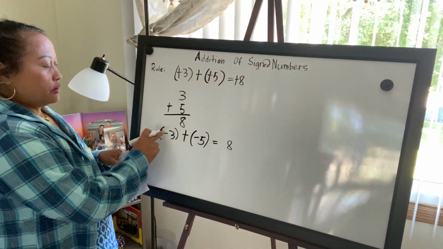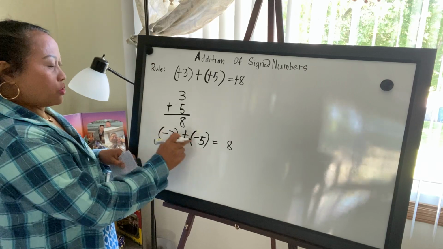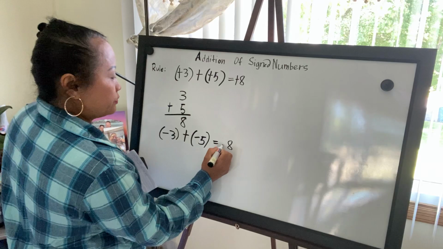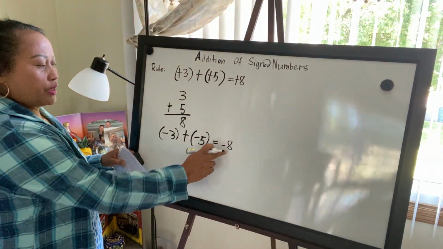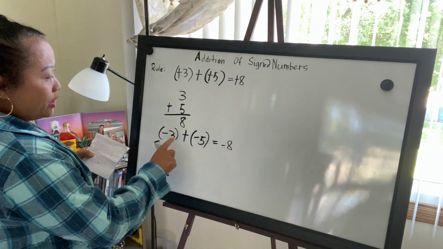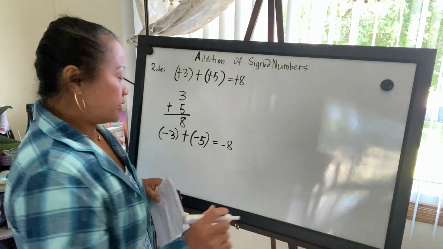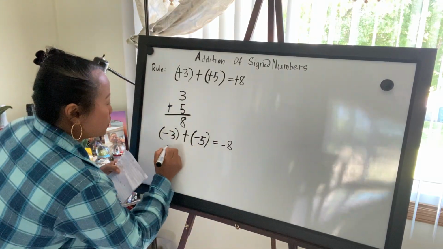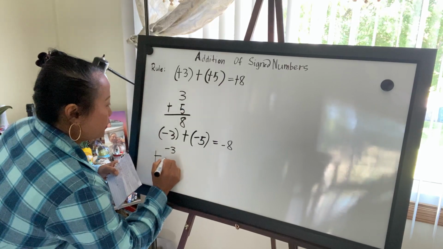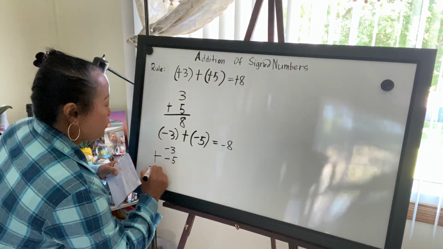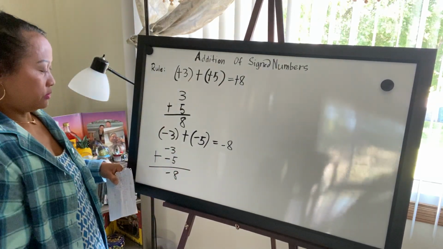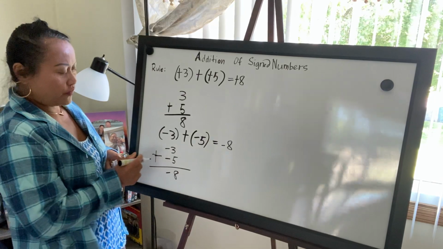And bring down the common sign, which is negative. So the answer is negative 8. This can also be written as negative 3 plus negative 5 equals negative 8. See? It's very easy.